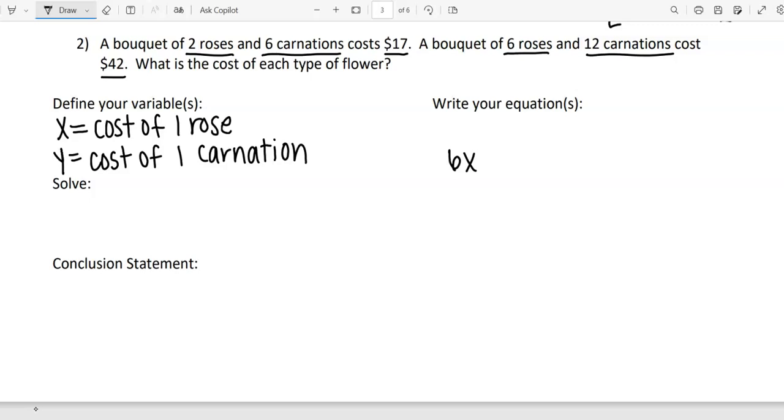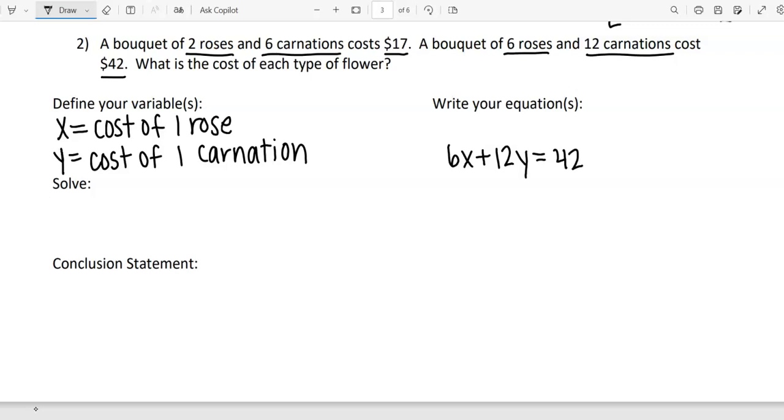The X represents roses, right? How many roses do you start with? Oh, okay, you're doing the second one. 6 roses. And how many carnations? 12 carnations, so that's Y is equal to how much? 42. So that's the second one, which is fine.